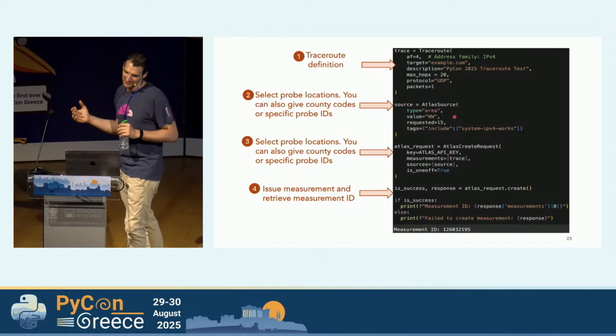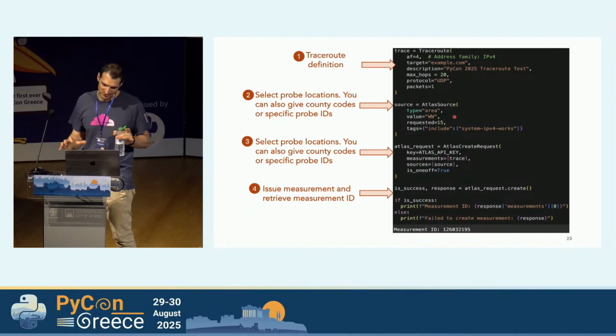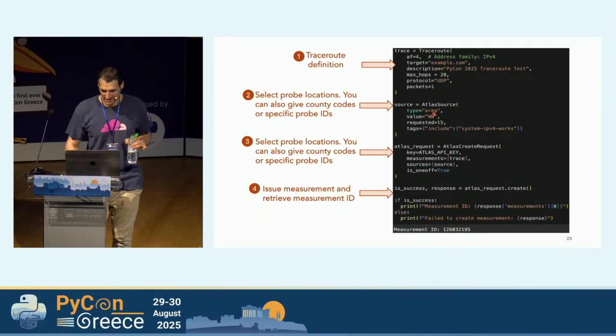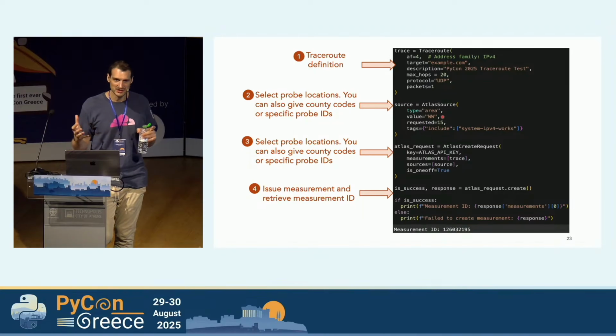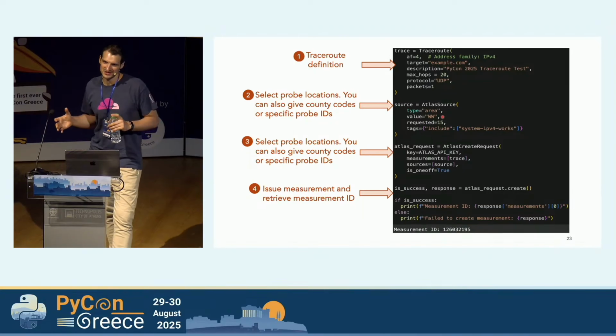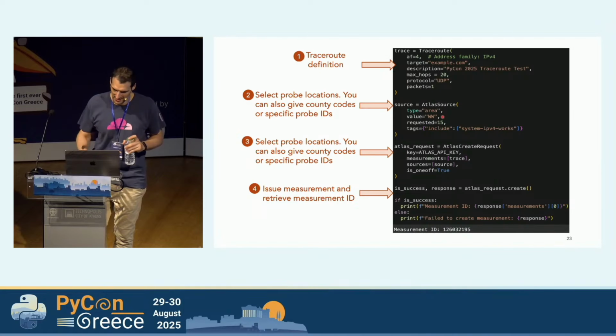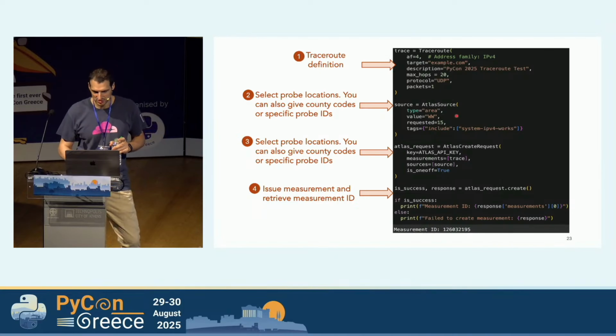I said, give me 15 probes globally distributed. WW means worldwide. I could say a country code, GR, and I could say, give me 100 probes from GR. I can have multiple Atlas source objects and combine them, so I can craft many different country footprints.